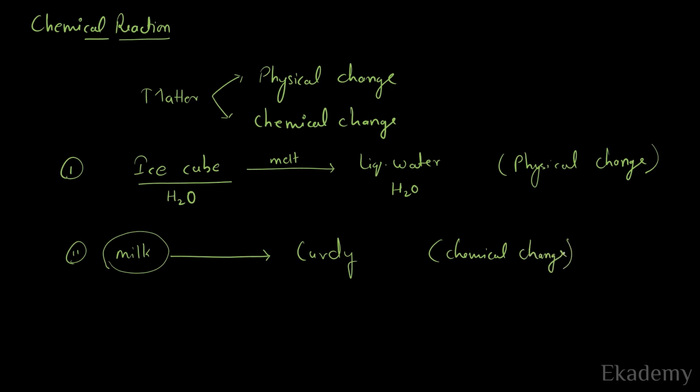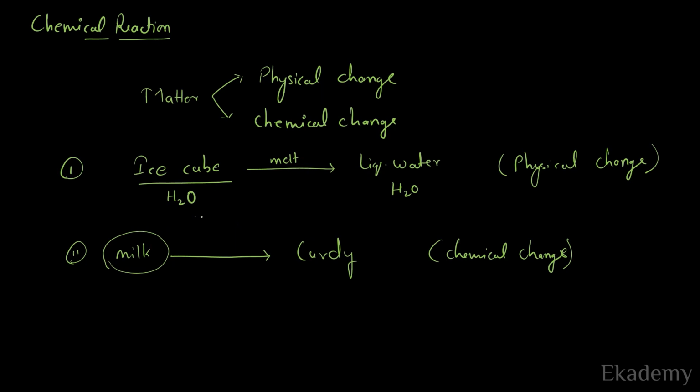So now we know that there are two types of change that any matter can undergo. One is physical change, where initial substance does not lose its nature as well as its identity. And the second type of change is chemical change, where the initial substance loses its nature and identity completely and forms a new product.